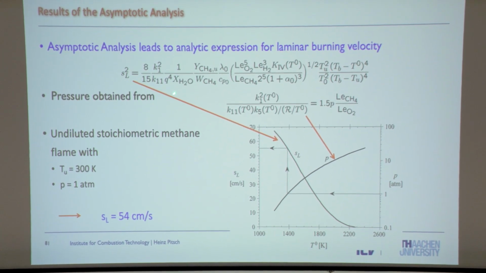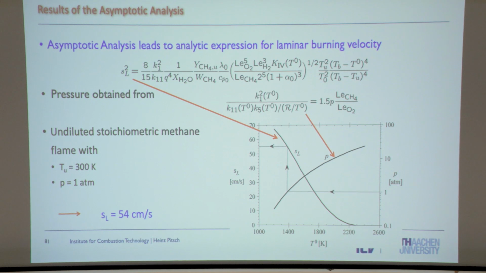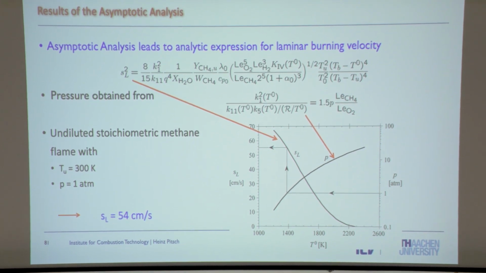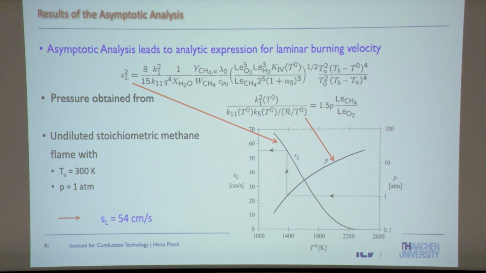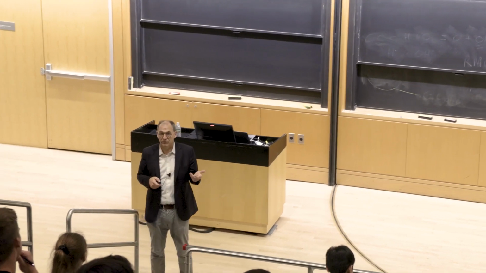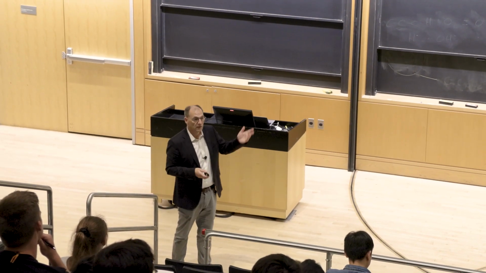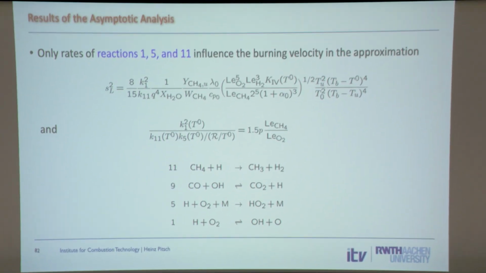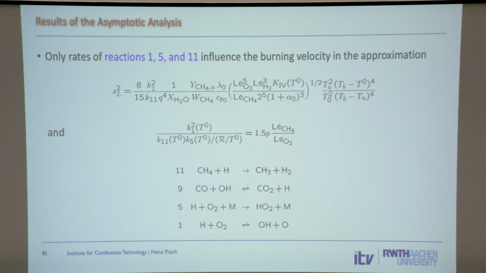The other thing that's interesting is that you see the Lewis numbers appearing here. The transport is a part of this. And maybe the other thing that's interesting is that only reactions 1, 5, and 11, chain breaking, chain branching, and the initiation, are part of this. The CO oxidation reaction doesn't appear here anymore. And that's immediately a drawback here.